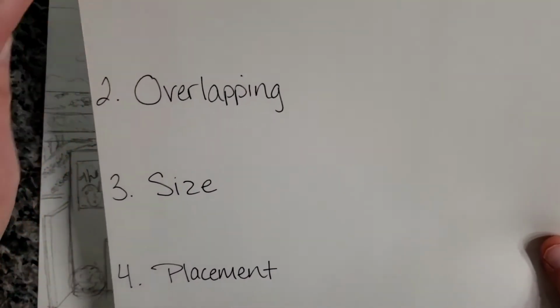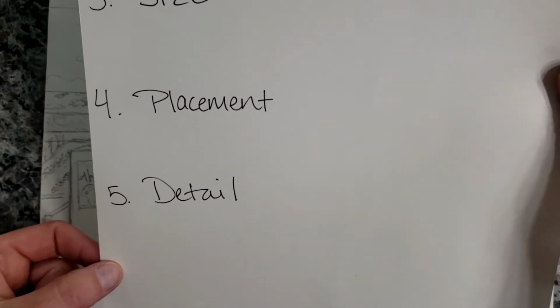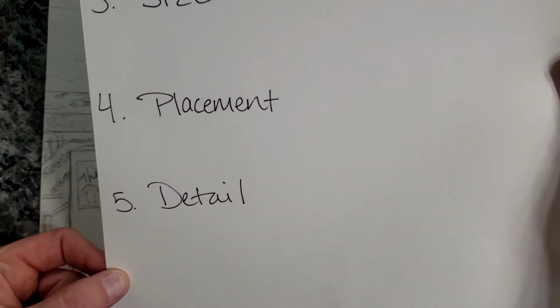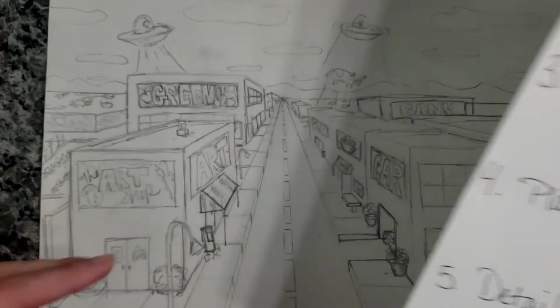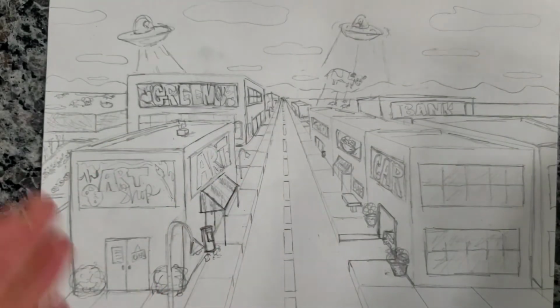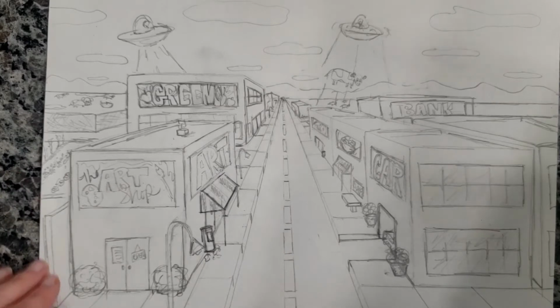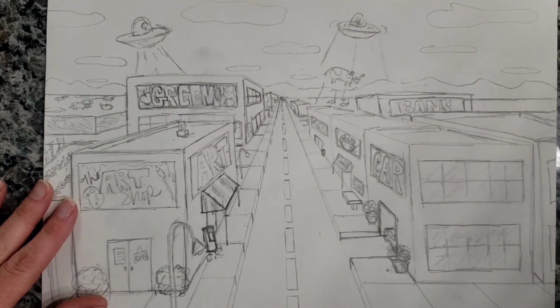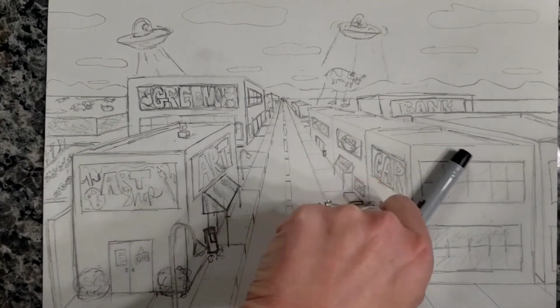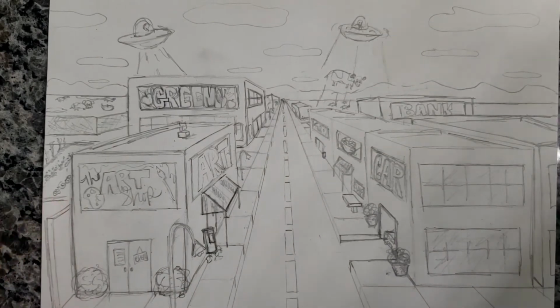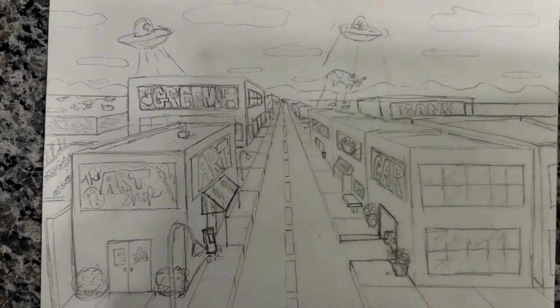In the basic ways to create the illusion of space, you'll also have value and color. But since I can't teach that right now in our format, and I don't usually teach it in the 9-week rotation class at school, we're not going to talk about that. That's more of a full year art assignment type lesson right there.